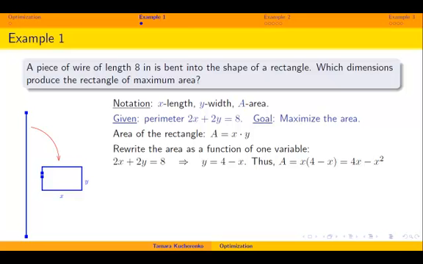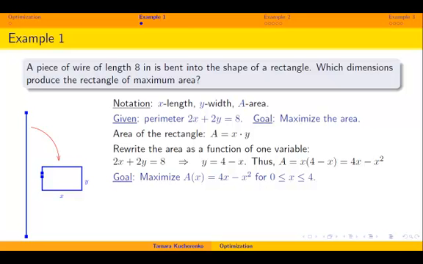So x has to be less than 4. Therefore, the problem reduces to finding the maximal value of the function A of x equals 4x minus x squared for x between 0 and 4.